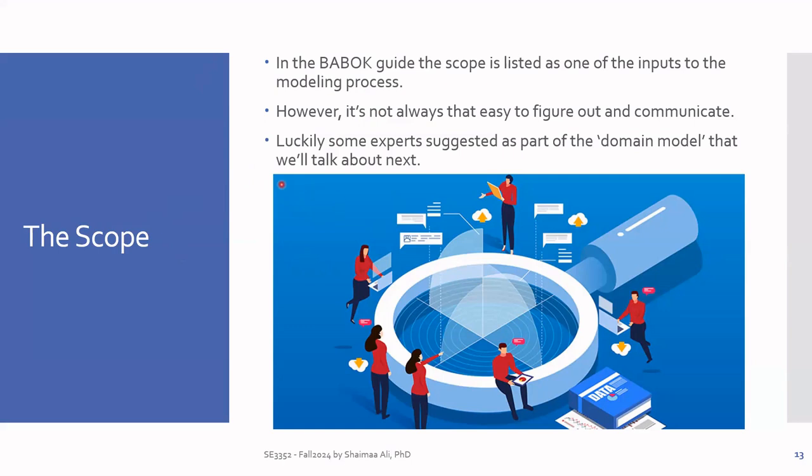You may talk with stakeholders, they may think that they understand the scope and they can try to communicate it with you, but it's not usually very reliable. It is possible to use one of the models that we're going to talk about next, like the domain model, as a tool that will help you to be more clear about the scope.